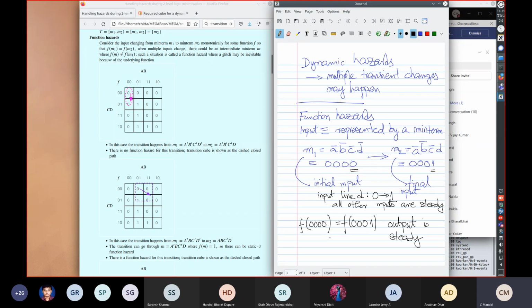Now suppose your implementation, this was actually covered in the class yesterday. Suppose your implementation was actually this thing, that is, A bar, B bar, C bar, D bar. If this is your implementation, then you have a problem, all right?